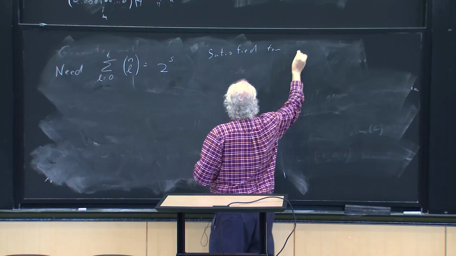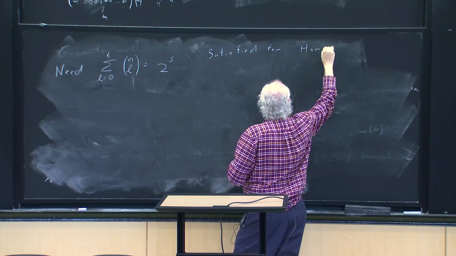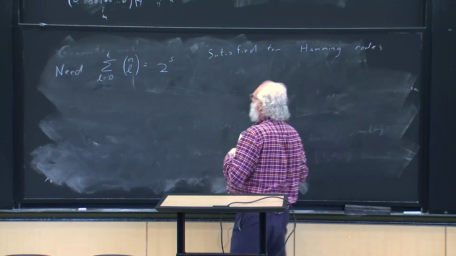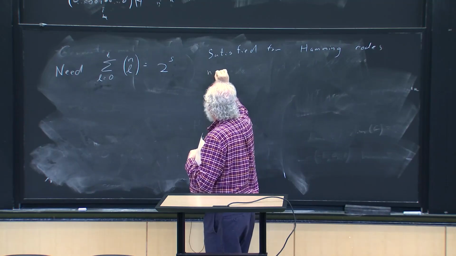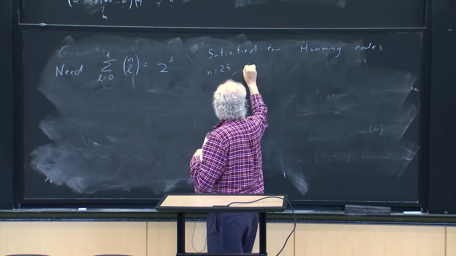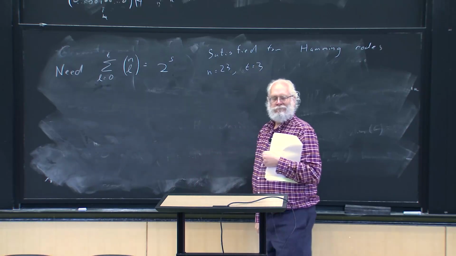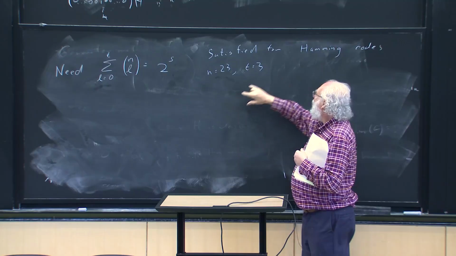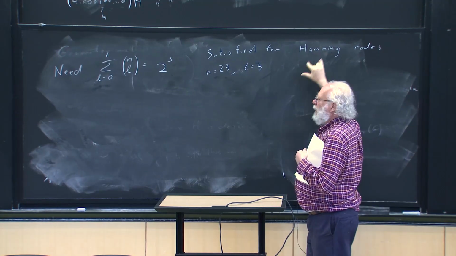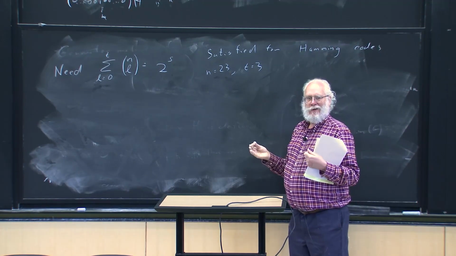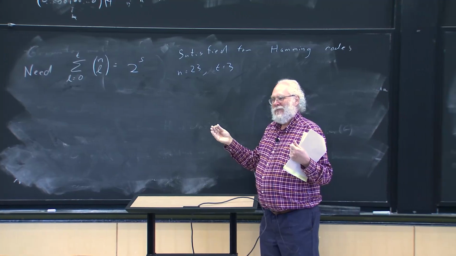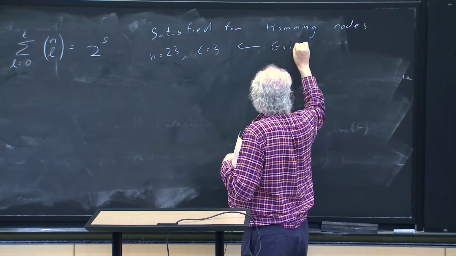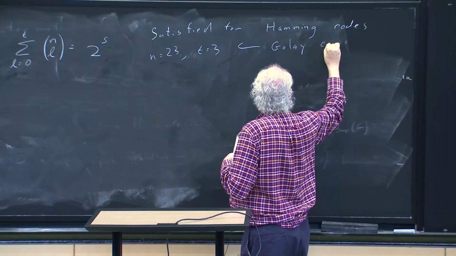It's satisfied for Hamming codes. And it's also satisfied, if I'm remembering these numbers right, by n equals 23 and t equals 3. So there's exactly one solution other than the ones you get for Hamming codes. And remarkably, this is something called the Golay code.